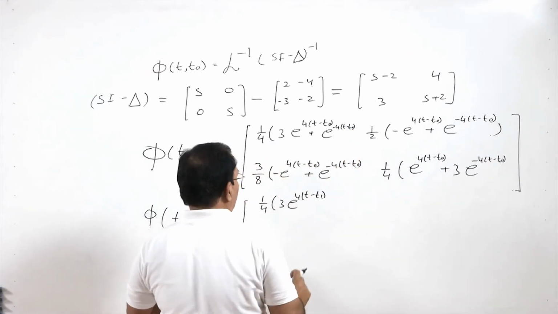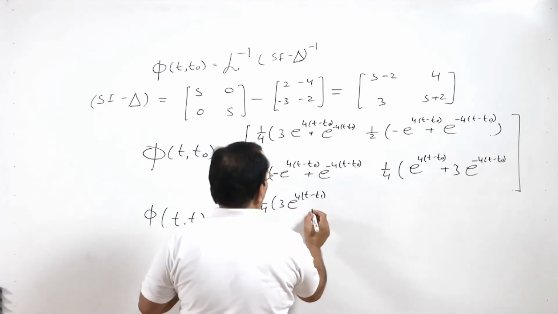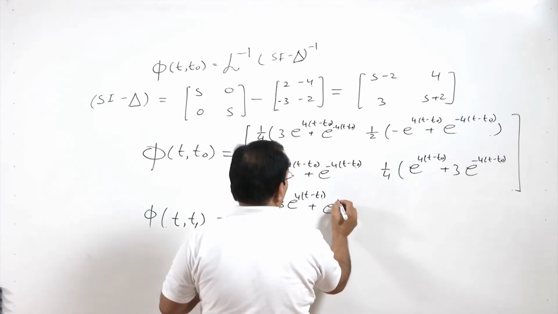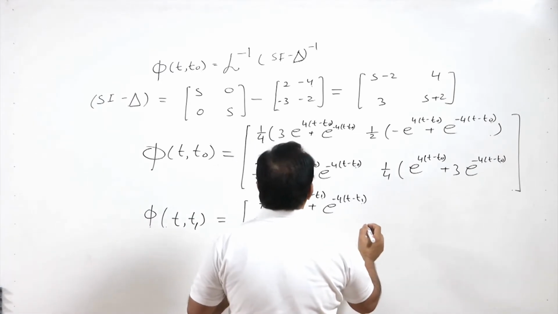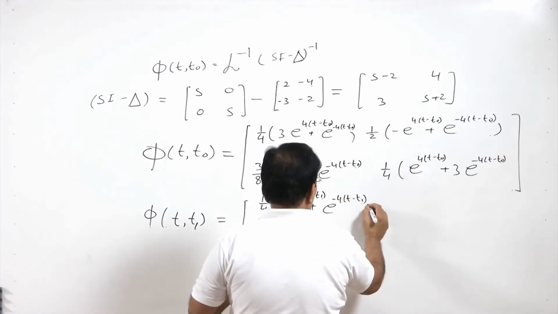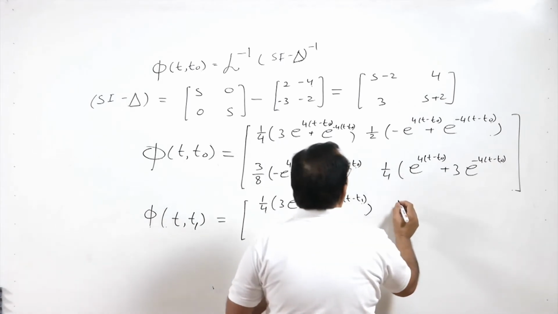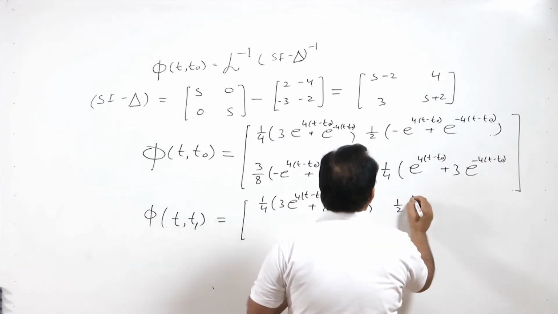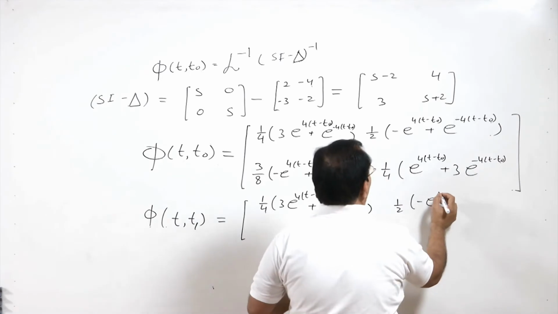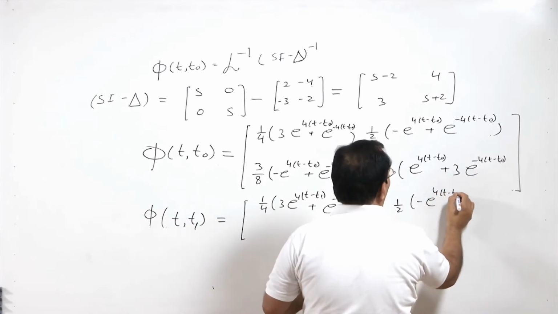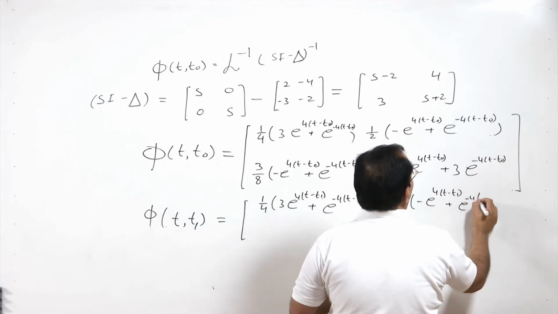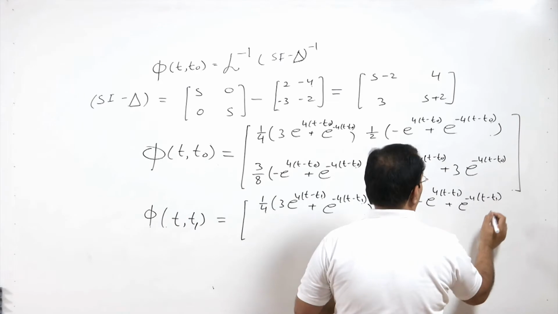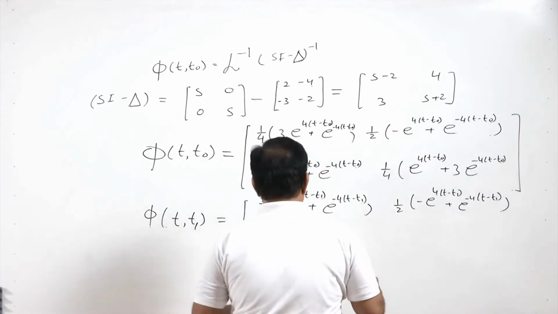So, I have added this term here, 3 e to the power 4 t minus t1 plus e to the power minus 4 t minus t1. This is my first term. Second term is 1 by 2, minus e to the power 4 t minus t1 plus e to the power minus 4 t minus t1 is my second term.